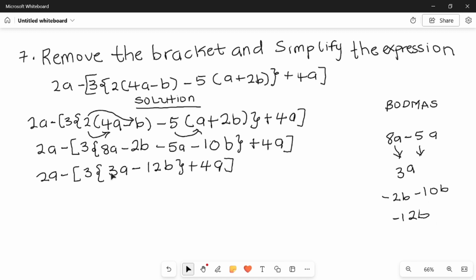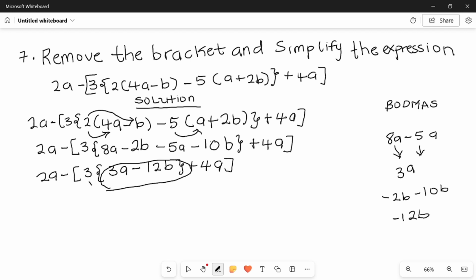So what's the next step to do? We've reduced this by rearranging and collecting like terms. This is what we did to get 3a minus 12b. Next up, you will notice that 3 here is multiplying everything inside this bracket.